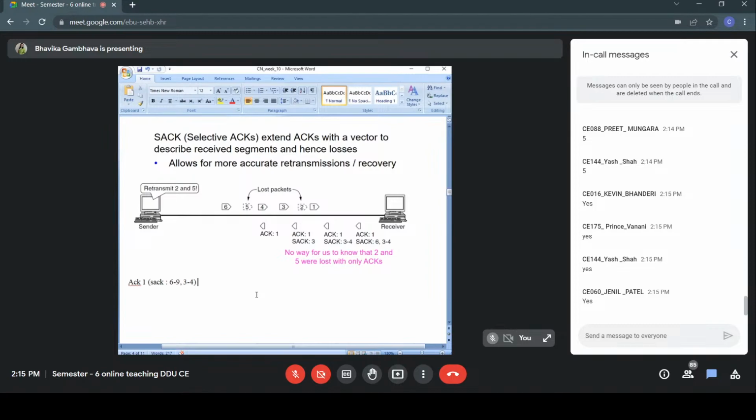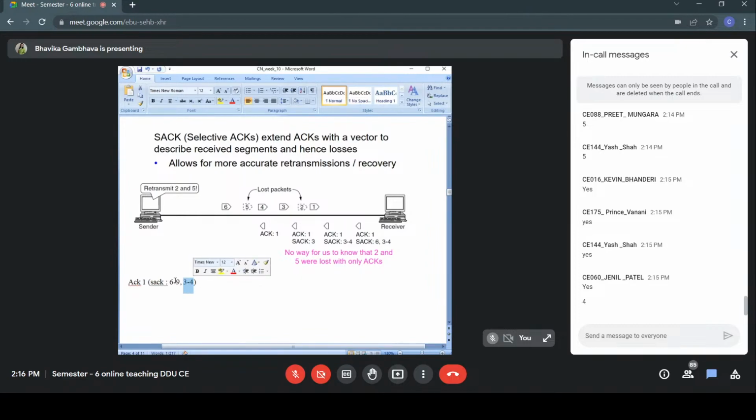And if there are 4 SACK blocks, then can you tell me how many losses are we indirectly indicating? Four. Okay, you are saying 4. So let us think about that. If it is a duplicate acknowledgement, that means right after this, 1 is dropped.